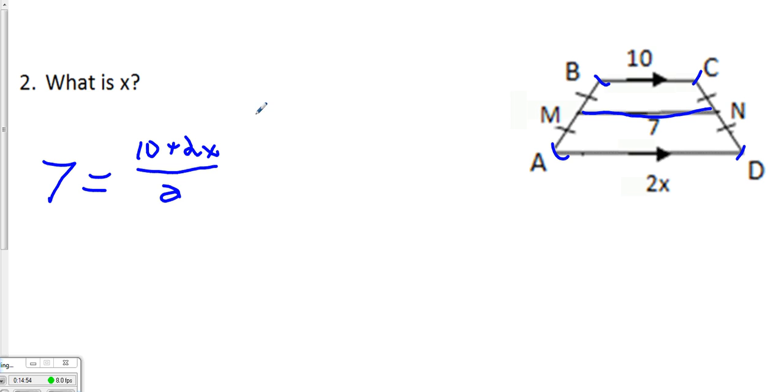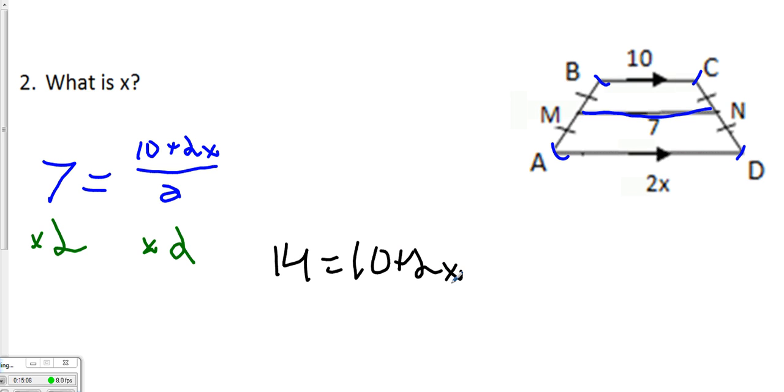Well, what we can do is multiply both sides by 2 to get rid of that divided by 2 part. So now we would have the equation 14 equals 10 plus 2x. From there, we can subtract 10.